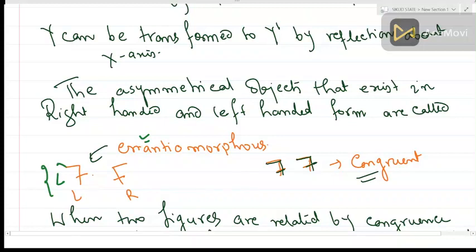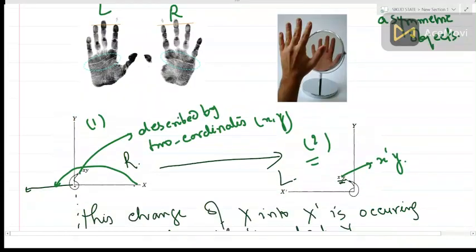Now, how can you change the right hand to a left hand? By reflection. It is a very common thing, and you have studied this in preliminary optics. It is called lateral inversion. If you stand before the mirror, your right hand will appear as the left and the left will appear as right.